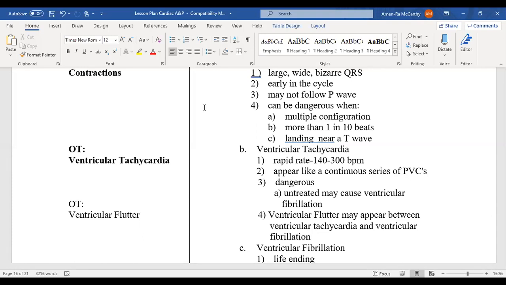V-fib is physiologically the same as asystole because there's no contraction of the ventricle. So if there's no contraction of the ventricle and it's just kind of fluttering or fibrillating or shaking, twitching, that's the same. You might as well be asystole, okay? That's the exact same thing as cardiac standstill or asystole. You will see that on your test.